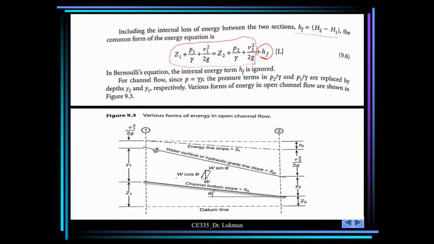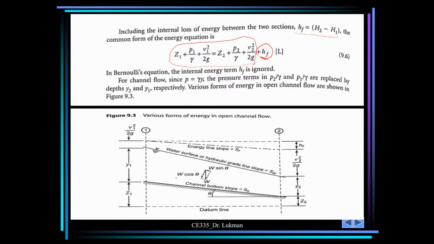While the energy equation is more realistic and more practical, because fluid, as it flows, loses energy, you have an additional term in the form of HF, which is the frictional head loss.